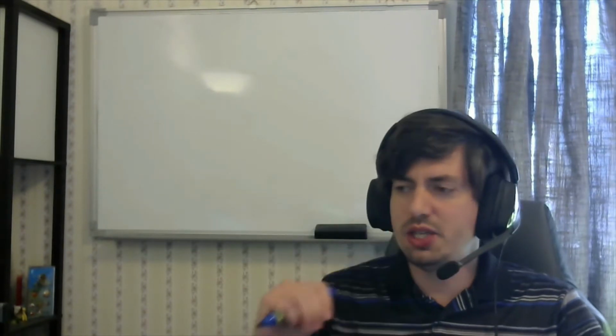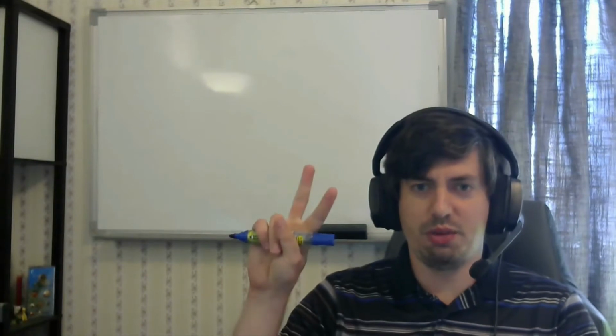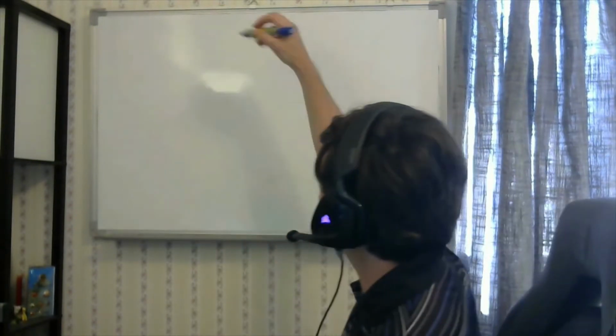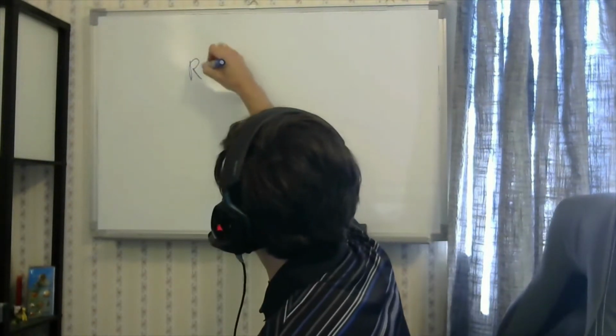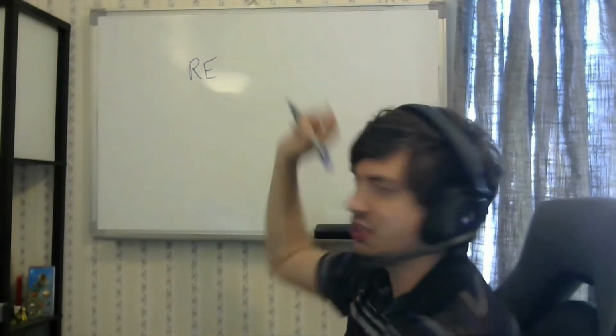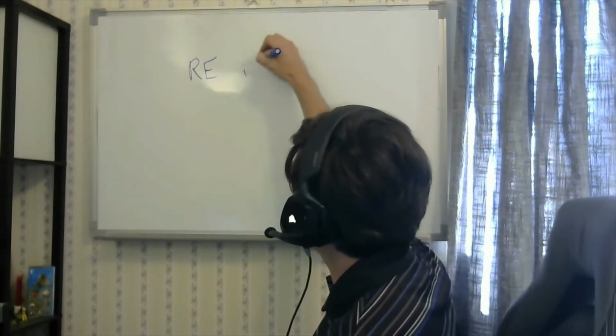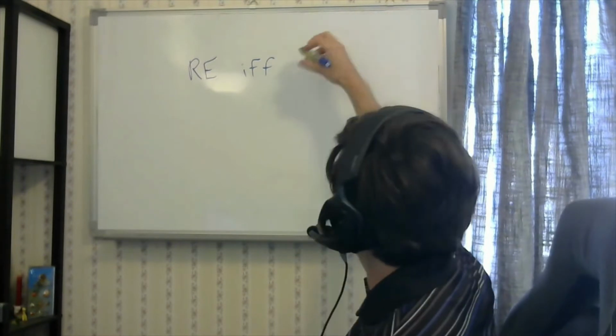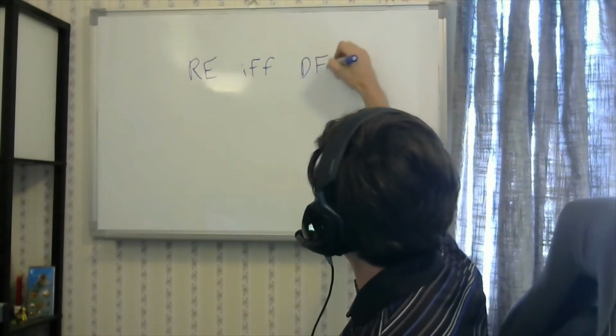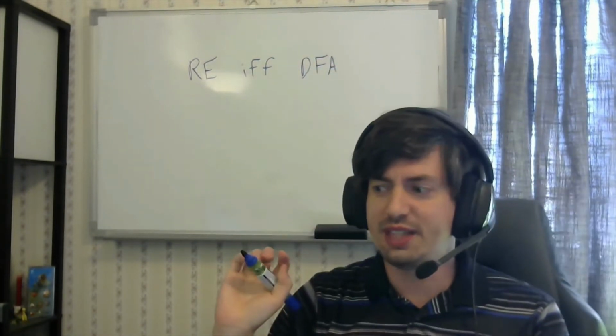In order to do that, we would need to show the proof in two directions. So we're trying to show that a regular expression describes a language if and only if there is some deterministic finite automata that solves that particular problem.